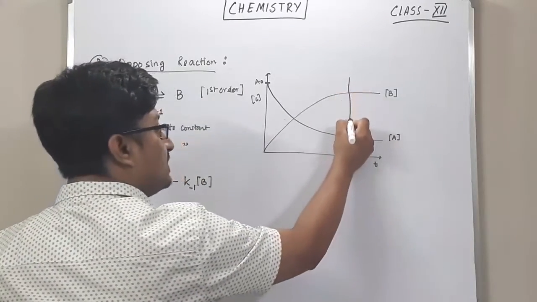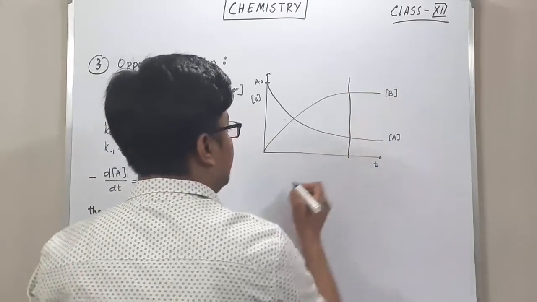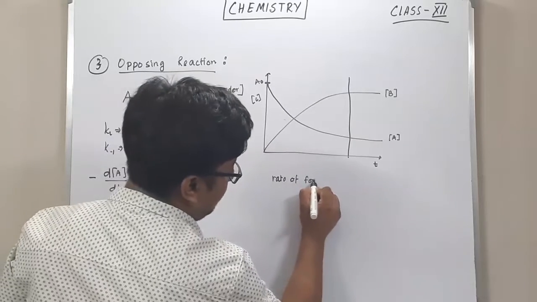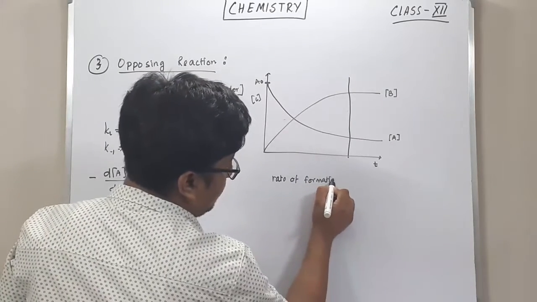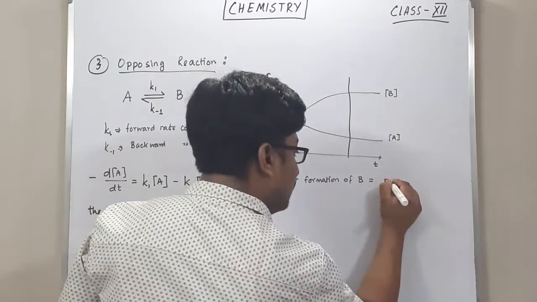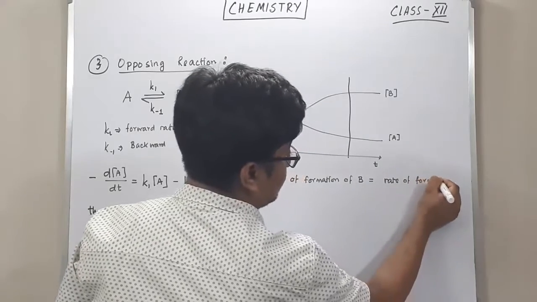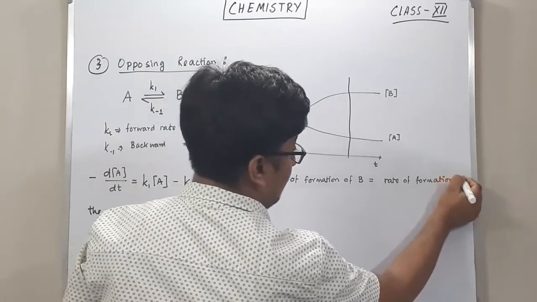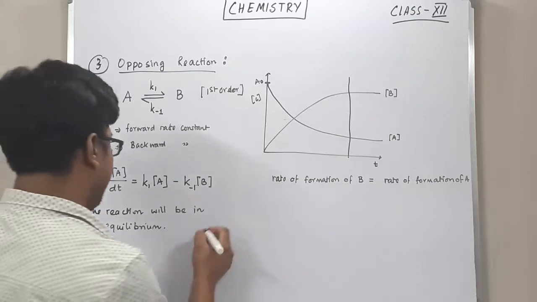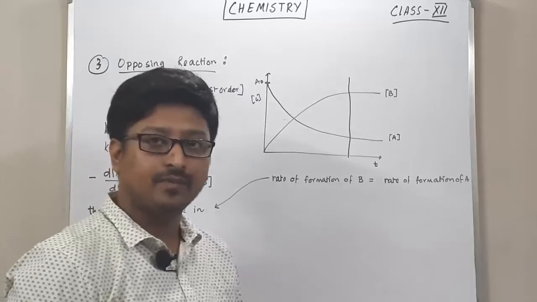The rate of formation of B will be equal to the rate of formation of A. This condition we call the equilibrium condition.